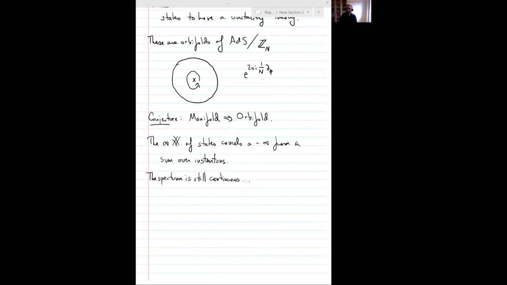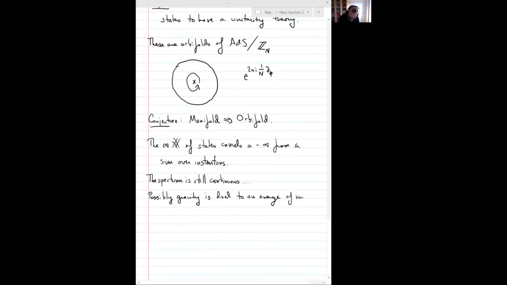One proposed resolution of this puzzle is that possibly three-dimensional gravity, or possibly any theory of gravity, is not describing a particular quantum mechanical system, but an average over many quantum mechanical systems. So possibly three-dimensional gravity or higher dimensional gravity is not a quantum mechanical system, but an average of many quantum mechanical systems.